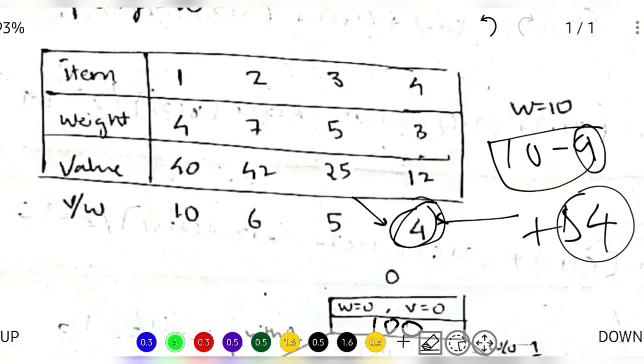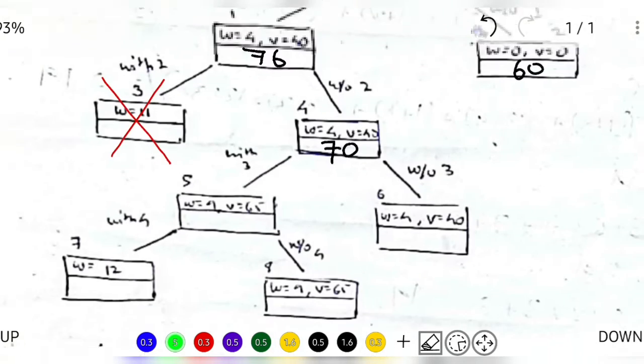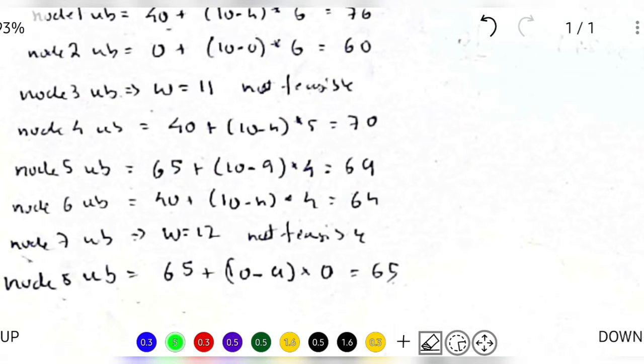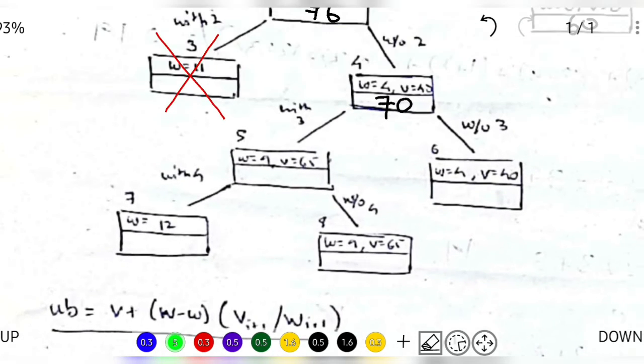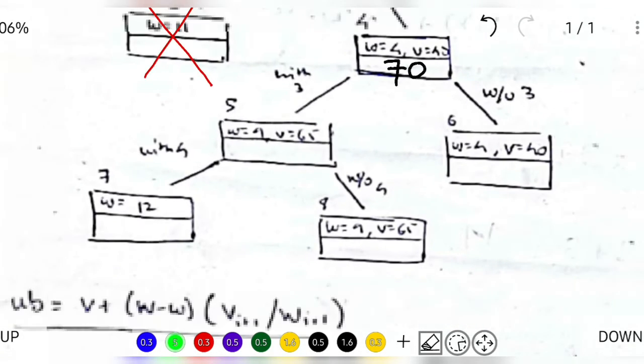Now 4 plus the initial profit I had, 65. 65 plus 4 will give me the upper bound. Okay, that is 69. 69 is the total profit which I'll get by including object 4. So see here, this will be 69.